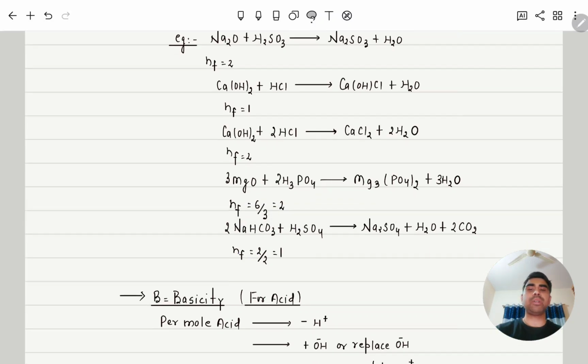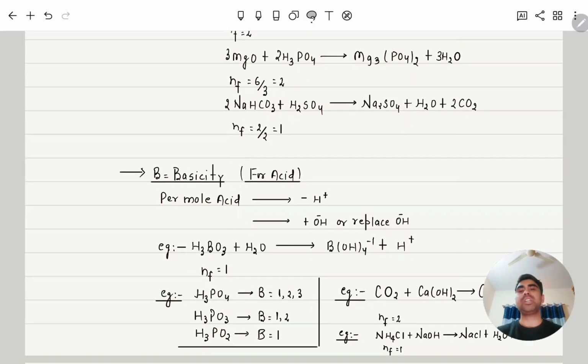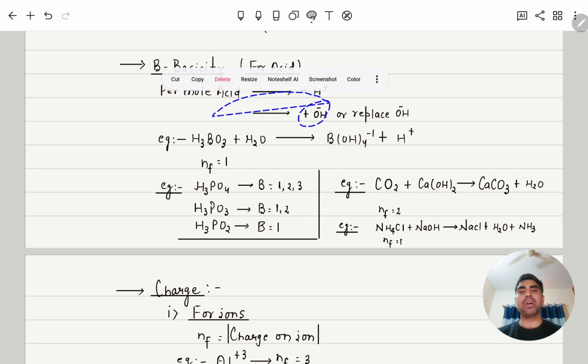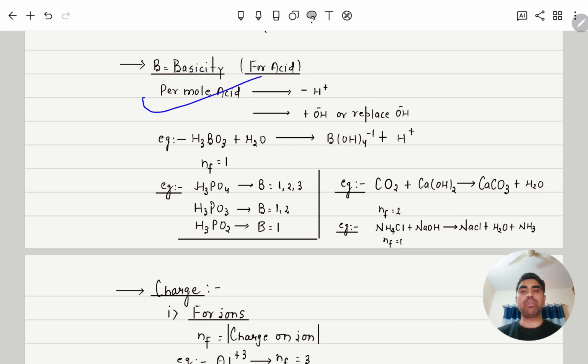Now, second, we will discuss B. B means basicity. Basicity is defined for acid. Per mole of acid, how much H plus is furnished is called its n factor. Or per mole of acid, how much OH it is accepting, or how much OH is replaced from another substance due to its presence, that is also called its n factor.